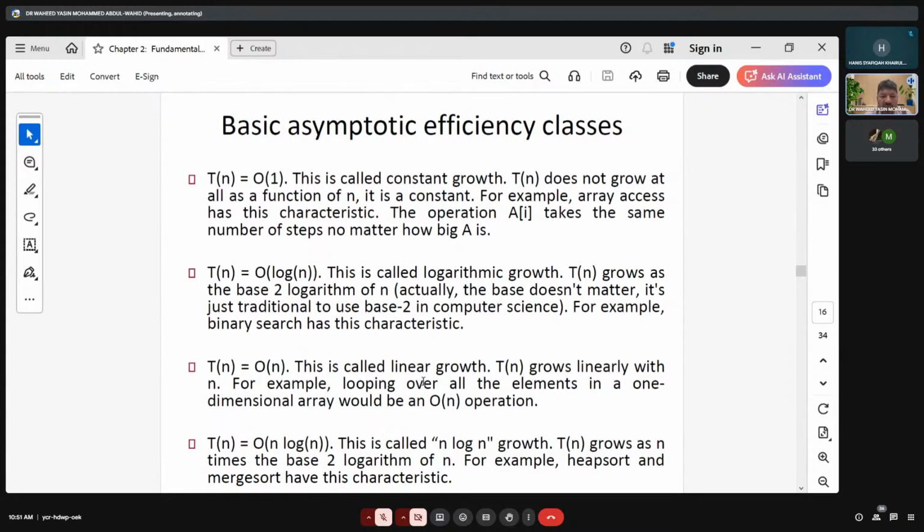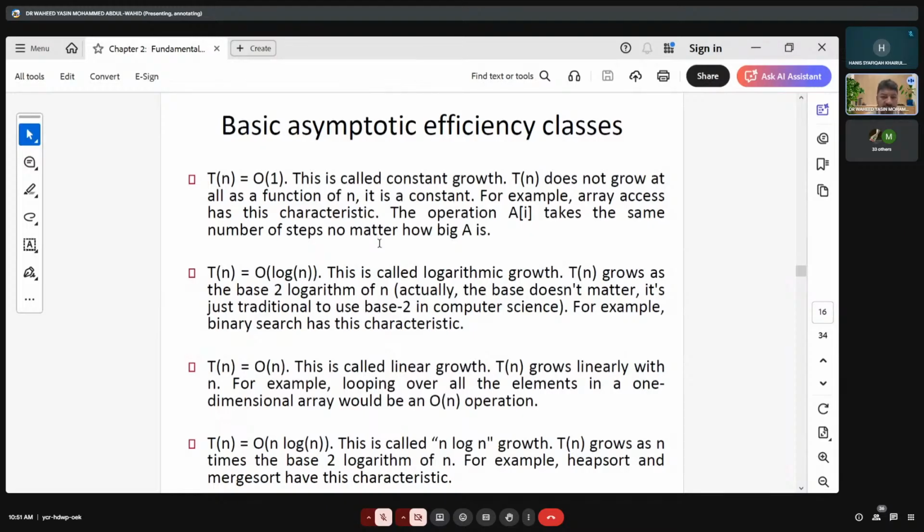T(n) equals O(n log n) is called n log n growth. T(n) grows as n times the base 2 logarithm of n. For example, heap sort and merge sort have this characteristic. So what is the complexity of merge sort?